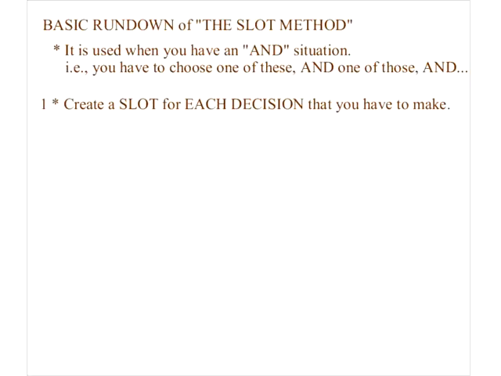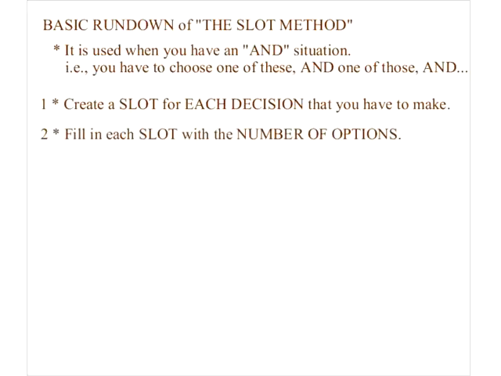So fill in each slot with the number of options. In other words, how many ways can you fill in that slot? And then you should multiply. There's going to be a step 4, which we'll get to in a second. But for now, we'll leave step 4 blank.